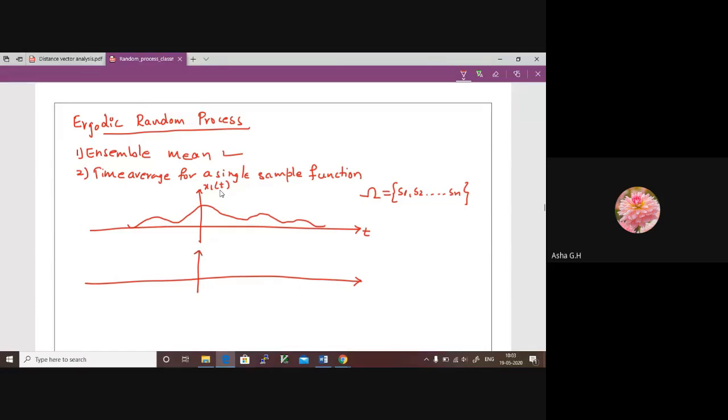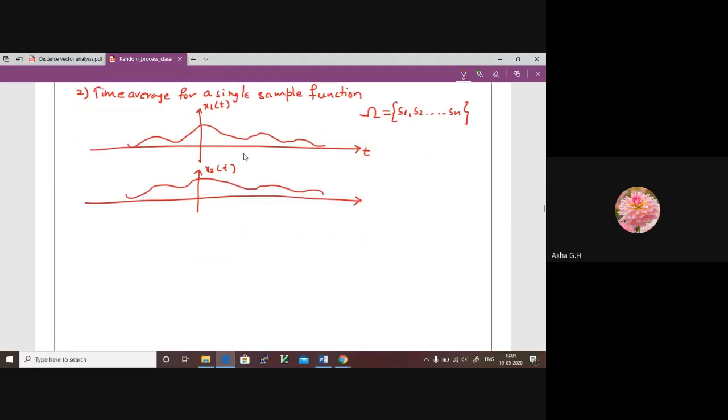Now for the second day, x2 of t, for this second sample point, or on the same sample point on the second day, if I get something, say for example x1 of t corresponds to sample point S1, and for sample point S2, x2 of t is the random process.